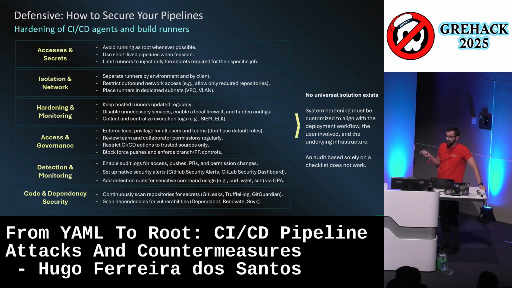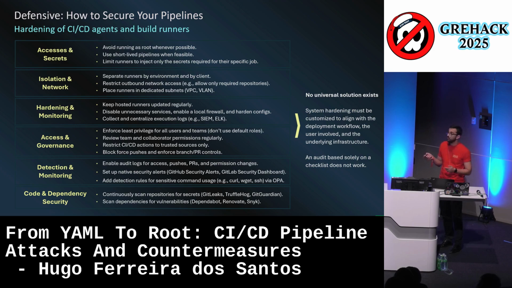So every time you deploy a pipeline, you will need to audit it and find which security measures you can put without affecting the accesses and all the actions that you want to do. Usually you will try to avoid root access, of course.